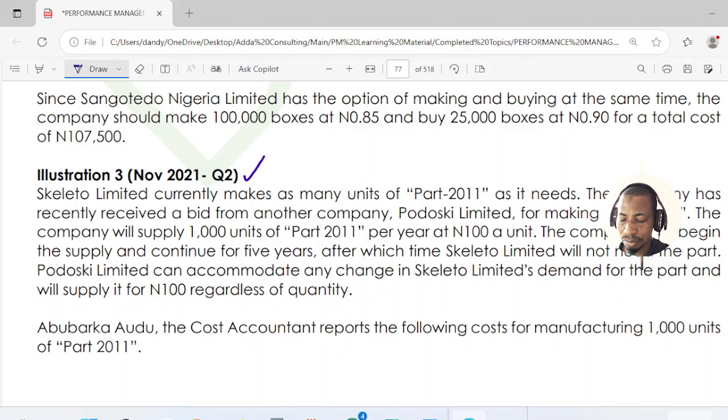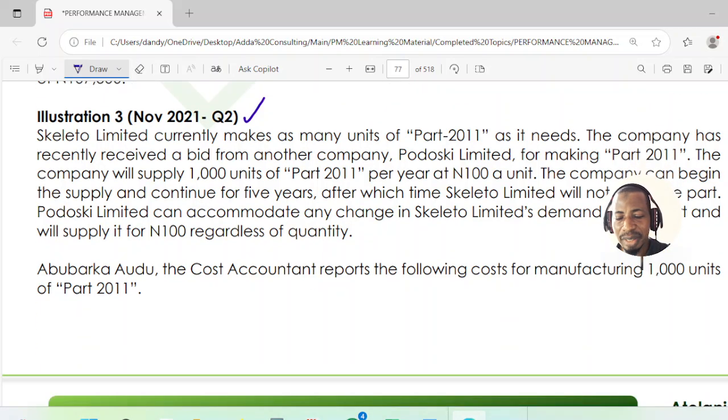Now, Skeletal Limited currently makes as many units of part 2011 as it needs. The company has recently received a bid from another company, Podolsky Limited, for making part 2011. The company will supply 1,000 units of part 2011 per year at 100 naira a unit.